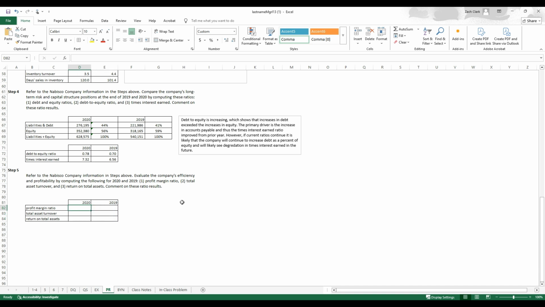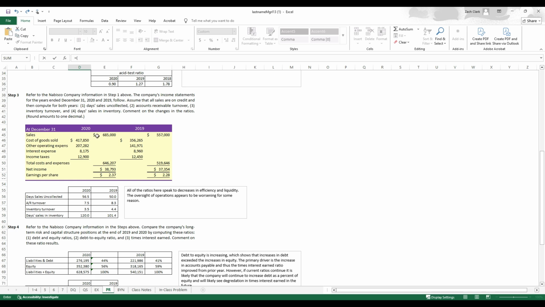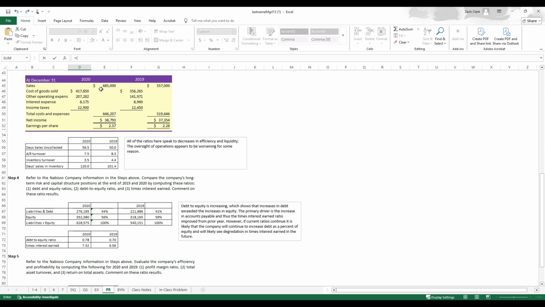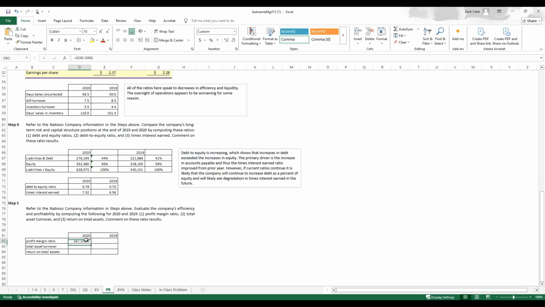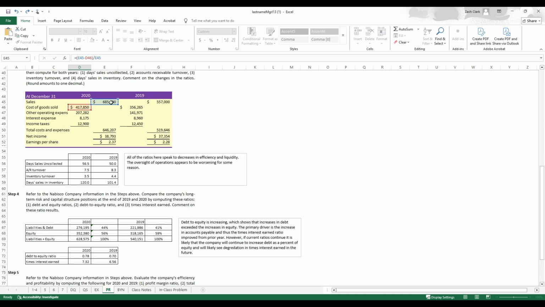Okay, so the first one we want to do is our profit margin. And so we want gross profit. Again, this problem doesn't do a lot of subtotals, I think, because it wants you to calculate a few of these. But remember, gross profit is sales minus cost of goods sold. So we're just going to do that minus that. So gross profit is $267,150, and then we're going to divide that by sales.